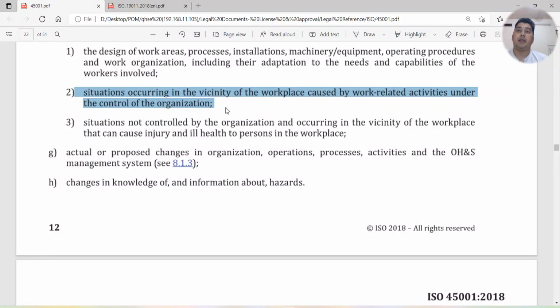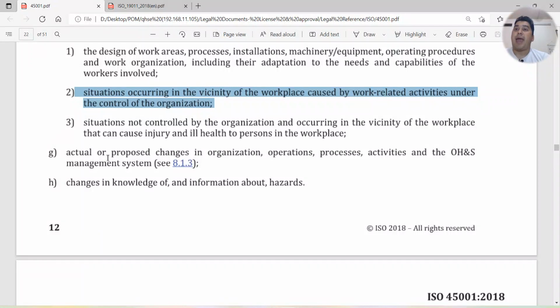Maybe beside your company, there is another company producing a highly toxic chemical. So if they don't have proper control, they're going to affect your employees and health risk will increase. So those also need to be considered. Situations not controlled by the organization and occurring in the vicinity of the workplace that can cause injury and ill health to persons in the workplace.